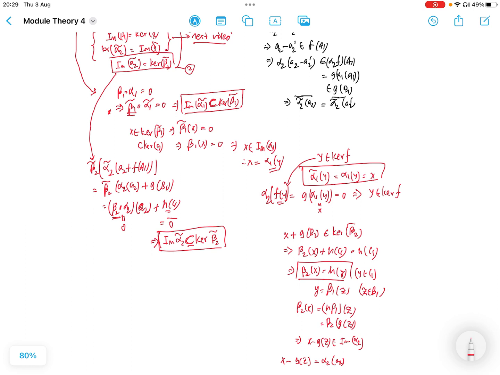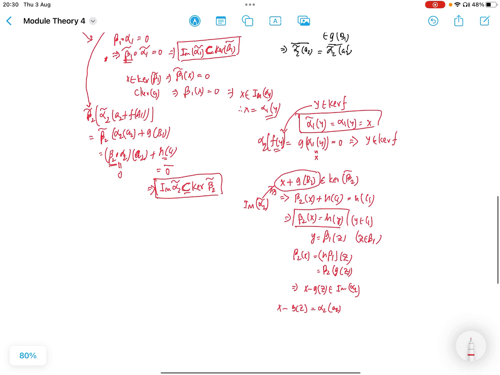And so now we are almost there. We needed to prove that this element belongs to the image of alpha 2 tilde, right? That is what we needed to prove.